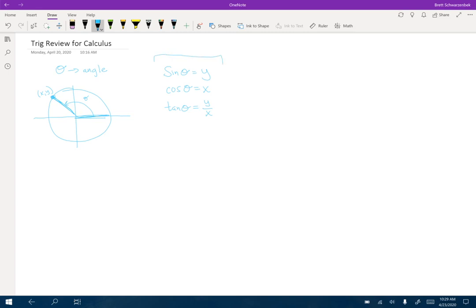Now remember, we also have the reciprocal trig functions. You only have to memorize these because you should know that the reciprocal trig function is cosecant theta for sine, secant theta for cosine, and cotangent theta for tangent. But what does that mean?